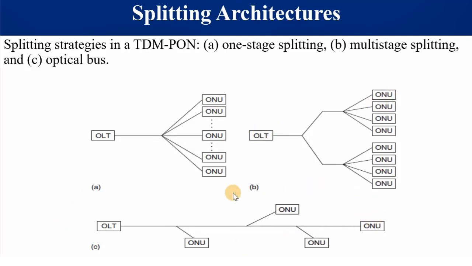This is not even found on some networks. It resembles CSMA/CD. So those are power splitting architectures. This is one-stage splitting, multi-stage splitting, or to be precise, two-stage splitting, and this is an optical bus.